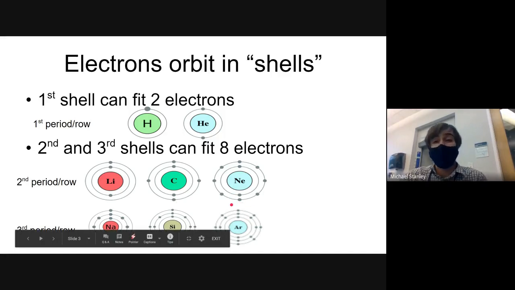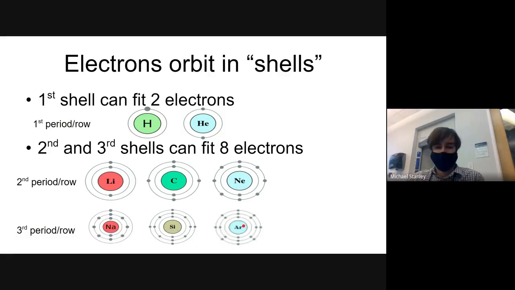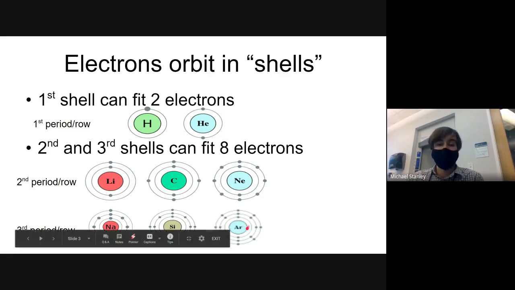If we want to look at an atom that has all 3 electron shells full, we can look at something like argon. Argon has 18 electrons. So it has 2 on the first shell.